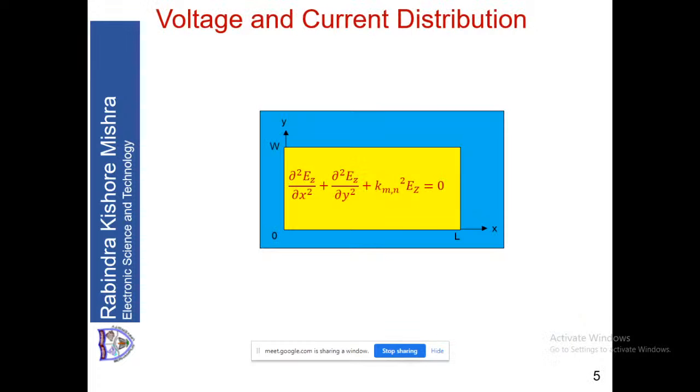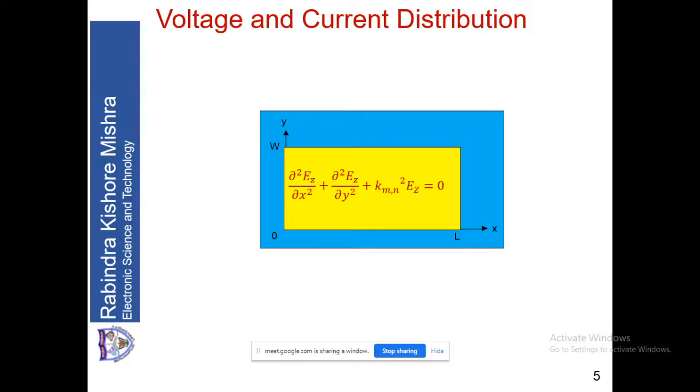Now let us see the simple analysis of a microstrip antenna. For that, let us see the voltage and current distribution for the microstrip antenna. If you compare the previous slide with this slide, what I am showing here is that the blue portion is the substrate and the yellow portion is the top conducting patch.